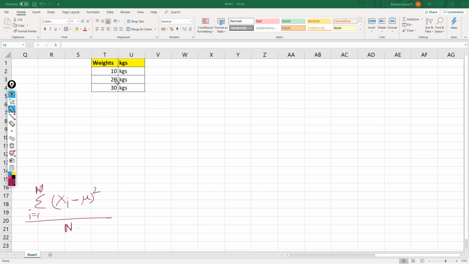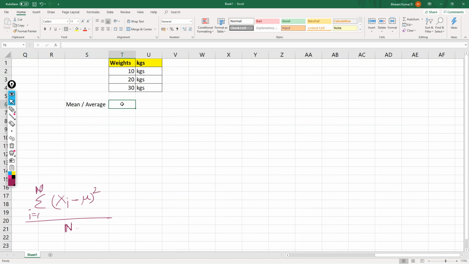So how far away is each point from average? That's what we want to know. Here, if you calculate the mean or average of all these numbers, it'll be 20 kgs. Okay, so you got your mu or x bar.